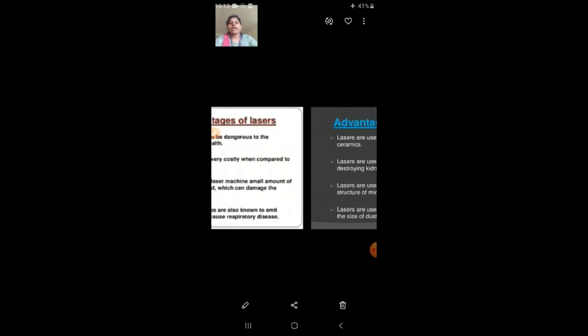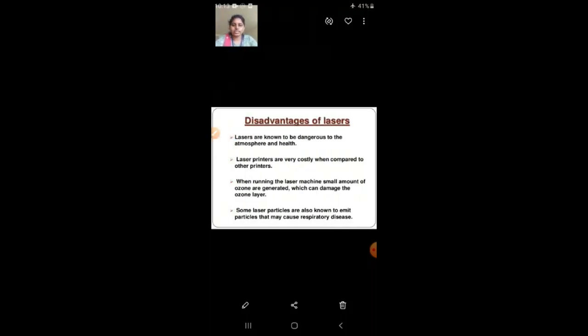And here, disadvantages of lasers. Lasers are known to be dangerous to the atmosphere and health. Laser lights are very dangerous and harmful. Laser printers are also costly compared to other printers. When running laser machines, a small amount of ozone is generated, which can damage the ozone layer.